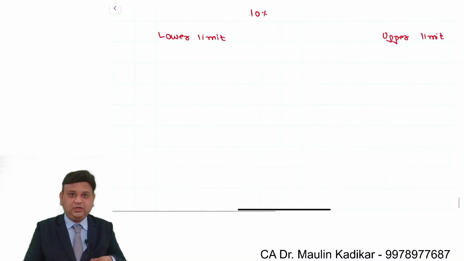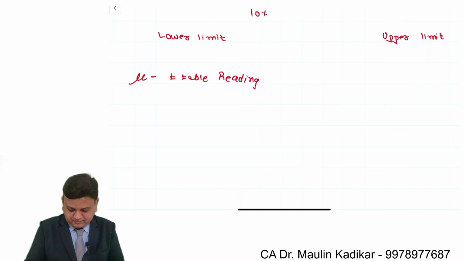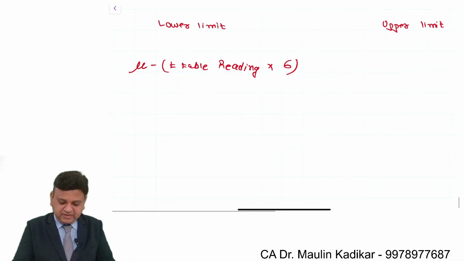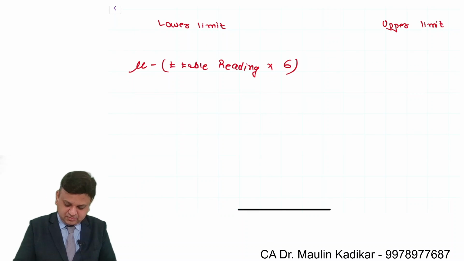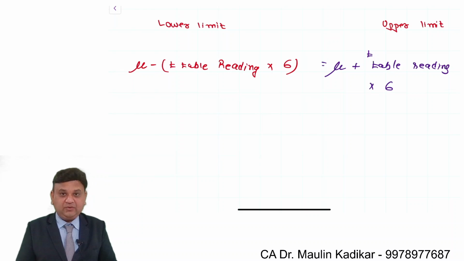The lower limit is like this: mu minus t table reading into standard deviation. Upper limit is mu plus t table reading into standard deviation.